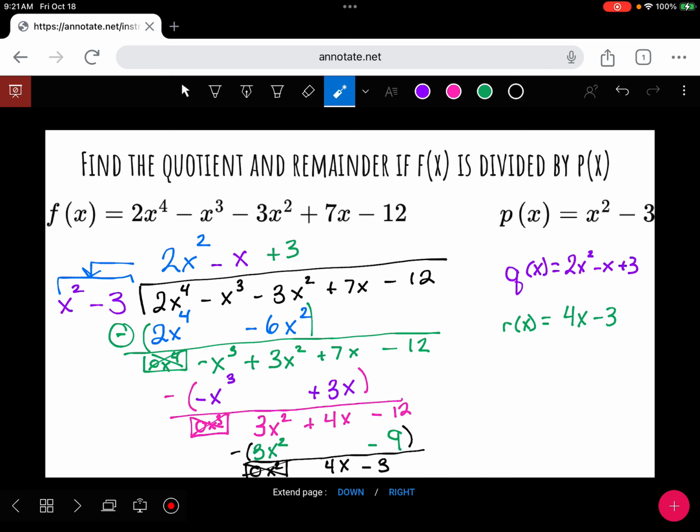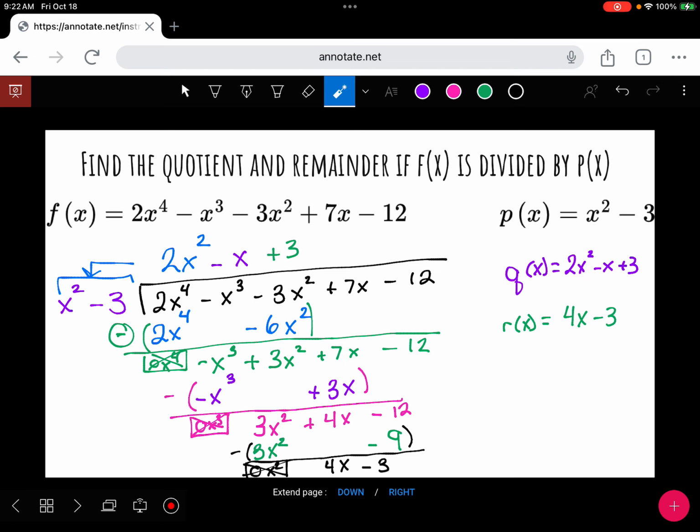So long division is long and kind of annoying. But we can do long division when we have things that we're dividing by that aren't necessarily factors or roots. So in this case, we had x squared minus 3. That one we could not find factor roots to be able to use something like synthetic division.